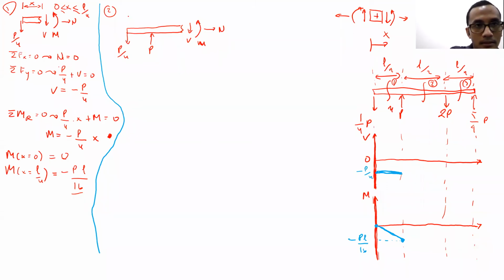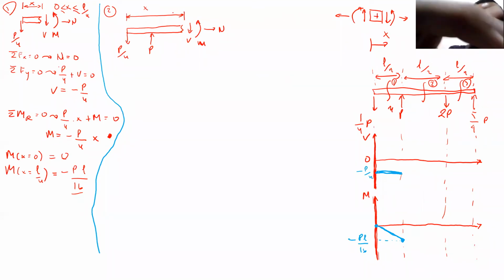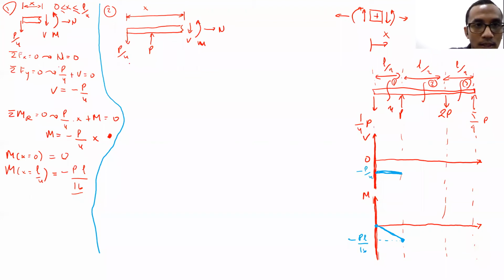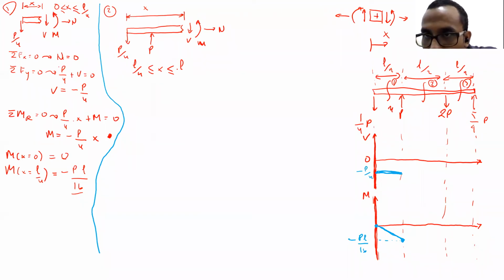Okay, and this is my x. And this will walk from, sorry, this one is not from 0, remember, because this one will only walk between L over 4 until L over 4 plus L over 2.